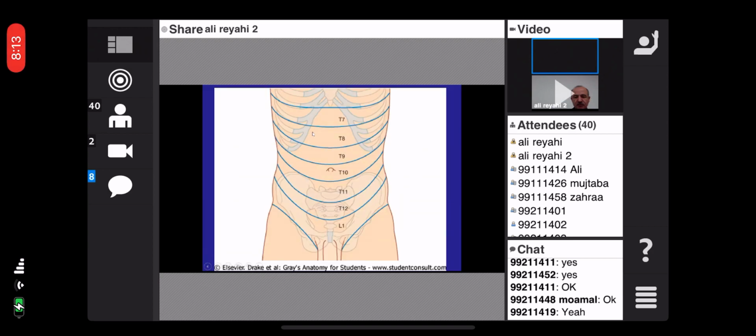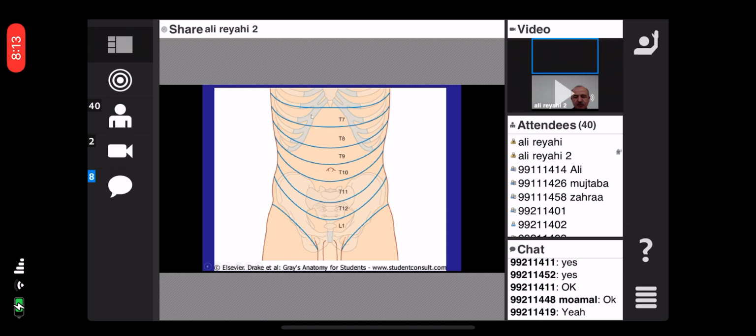For example, in this you can see the dermatome in the abdominal wall. What is the dermatome? A piece of the skin that is innervated by the same spinal nerve. It's called the dermatome. Okay, dermatome.